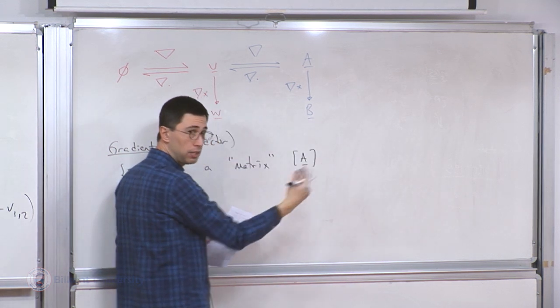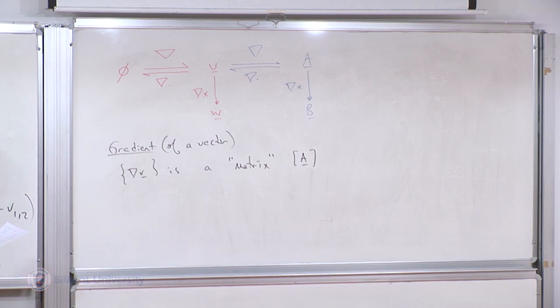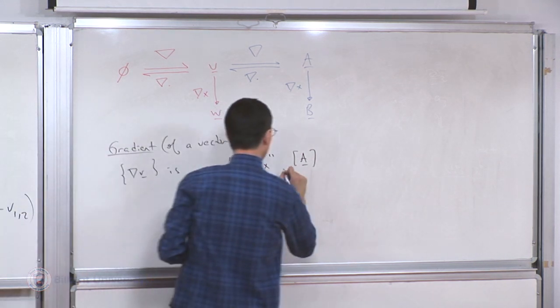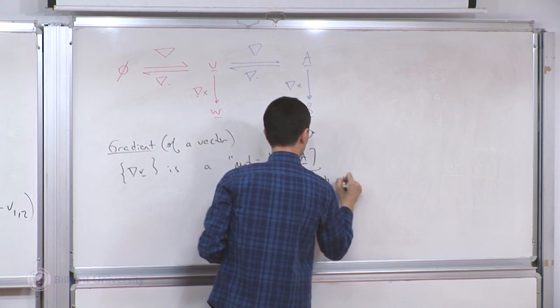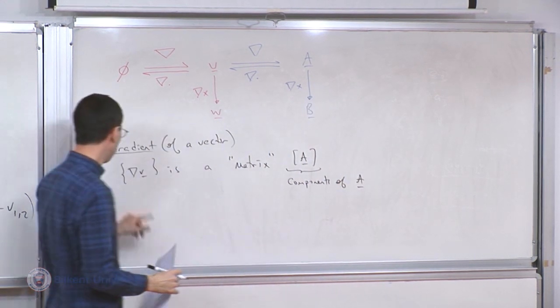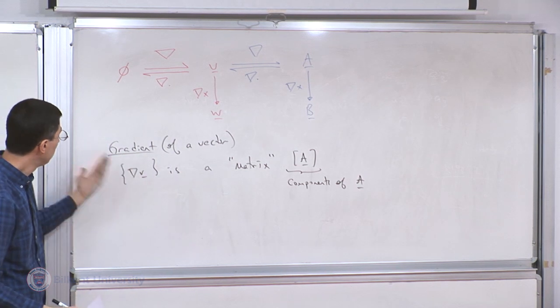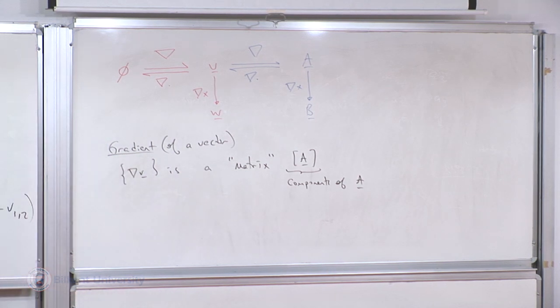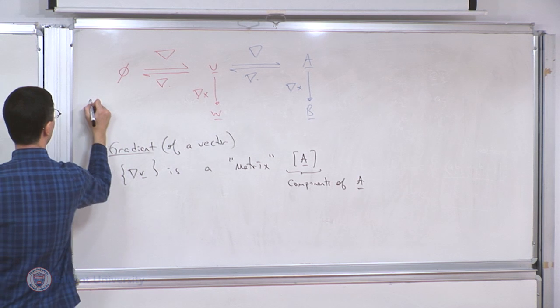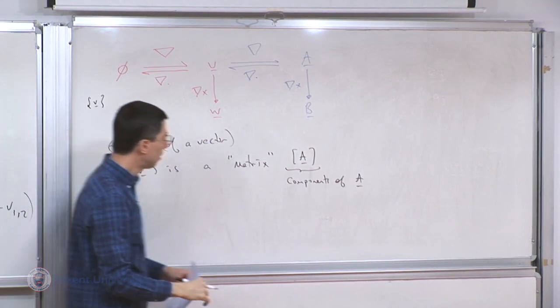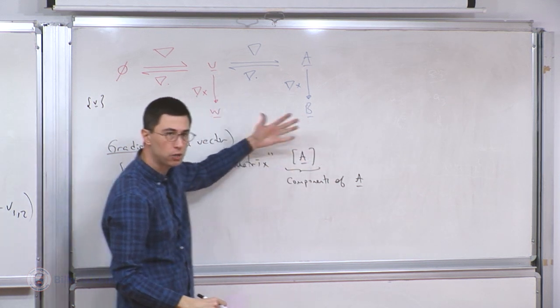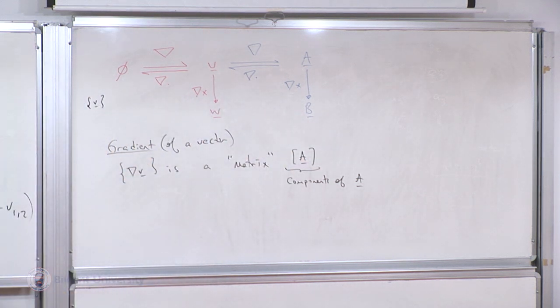The matrix I indicate with brackets, so these mean that I'm talking about the components of A. These are the components of the vector in an array, the components of A in a matrix. That's what I'm trying to indicate with that.